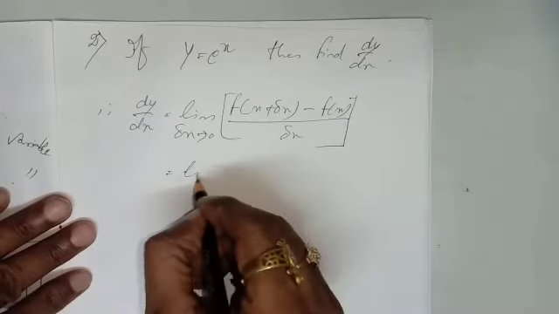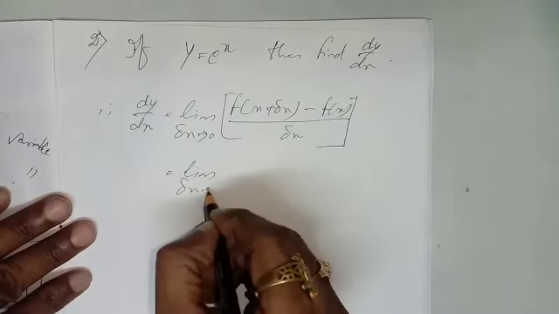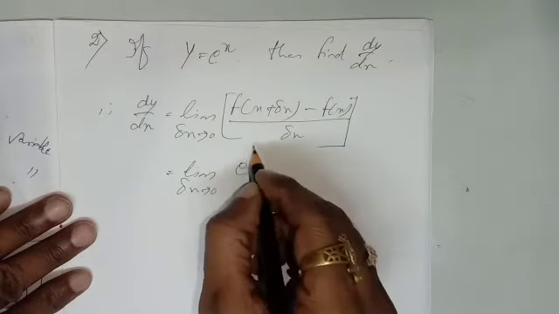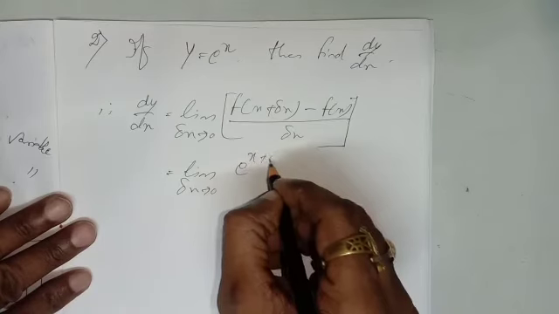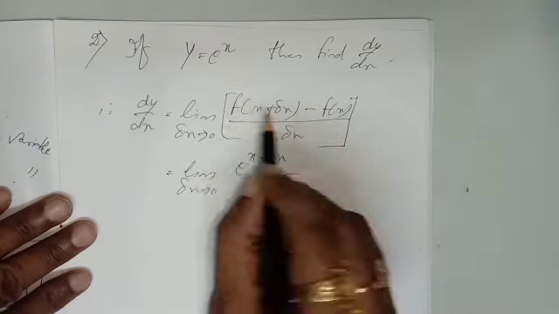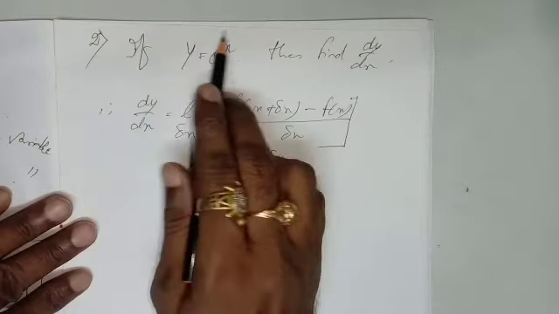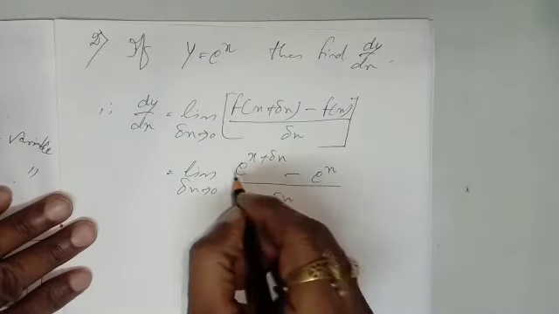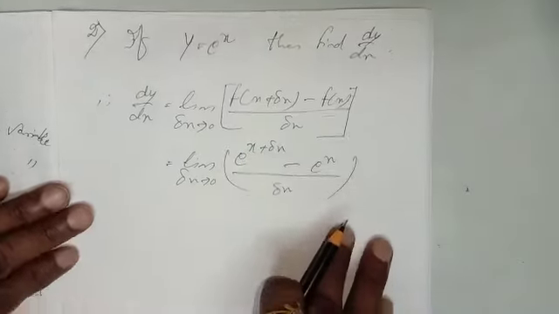Now, limit delta x tends to 0, f of x plus delta x will be e to the power x replaced by x plus delta x, minus f of x. That is, y is equal to e to the power x, this is the function, by delta x.